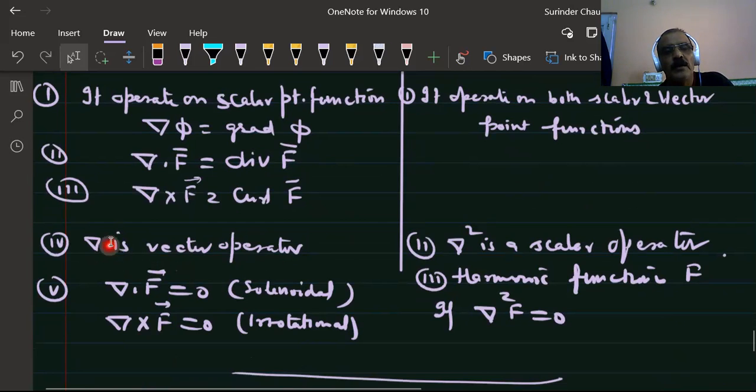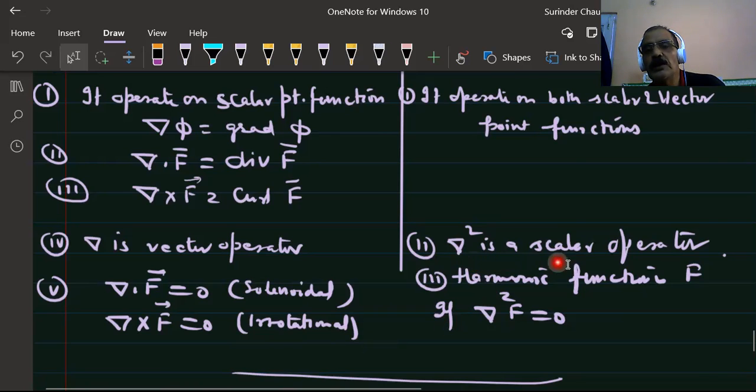If you find the cross product of del with a vector function, you get the curl. If the divergence of a vector comes out to zero, that is solenoidal. If the curl of a vector comes out to zero, that is irrotational.